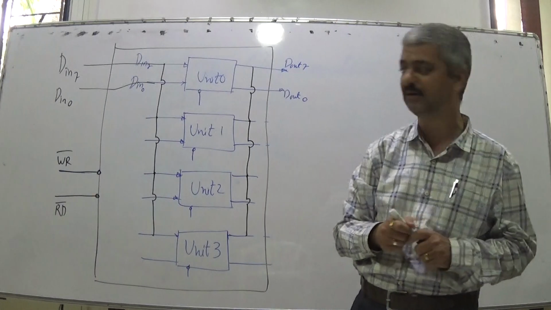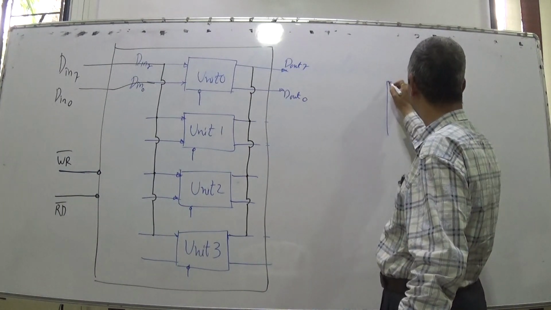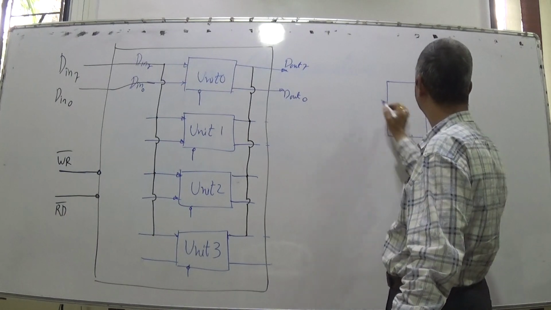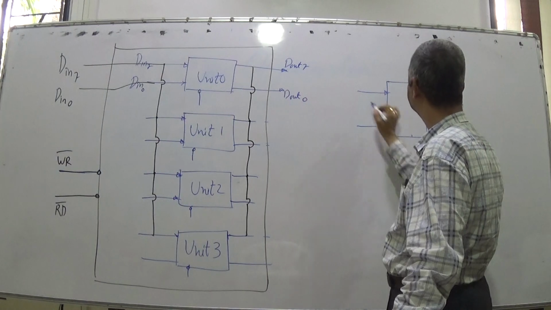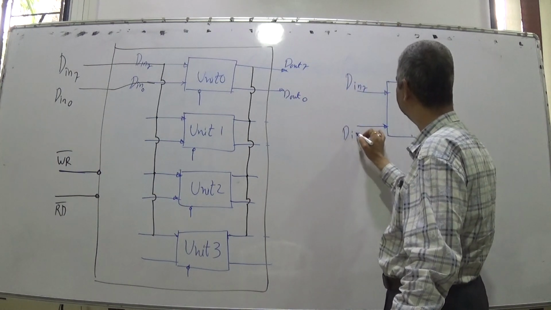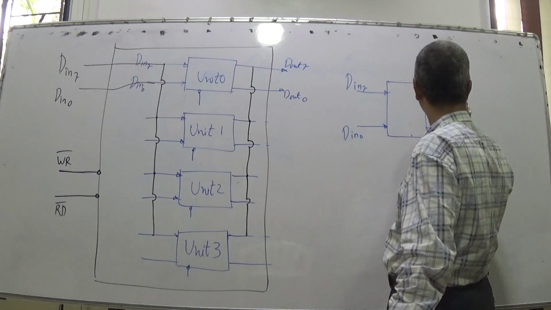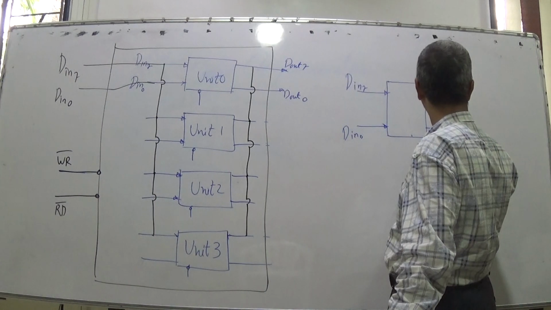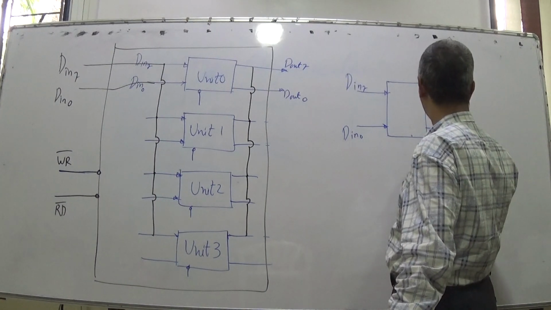So for that purpose, when I make some modification in the single unit, what is then the single unit? There is data in 7 to data in 0. Then there is data out 7 to data out 0.